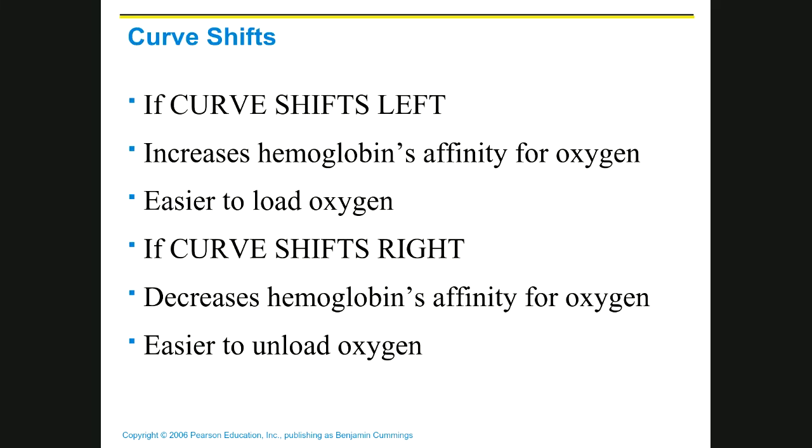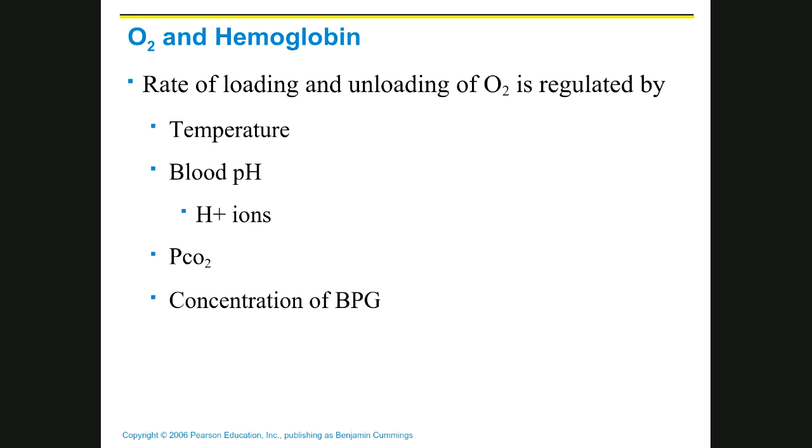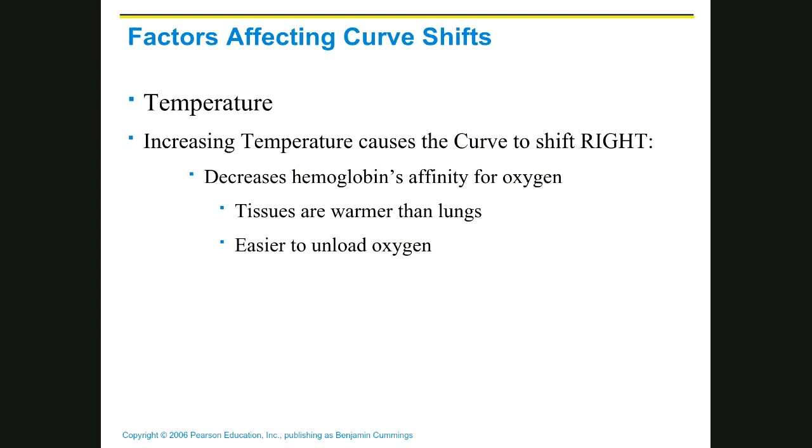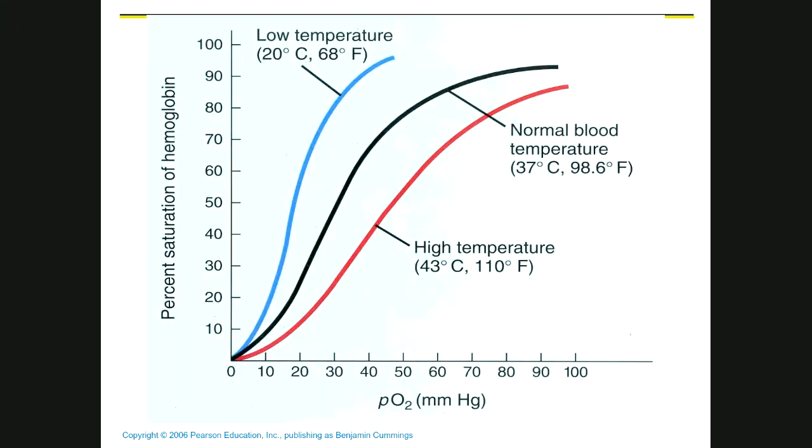What that means is that the warmer it gets, the more oxygen I drop off. So look, here are 3 temperatures. At this temperature, I'm not going to drop off much at all. But at this temperature, I'm going to drop off more. And this temperature, I'm going to drop off even more. It's dose dependent.